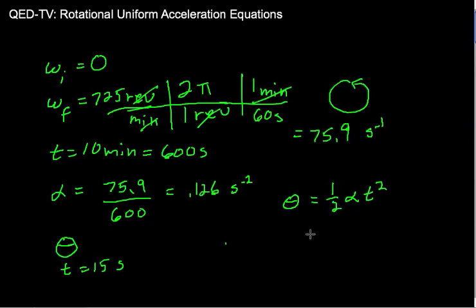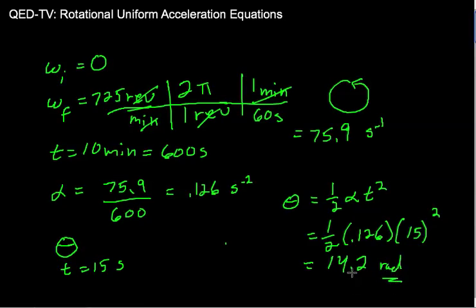So this is the equation I could use. I could do 1/2 times 0.126 times 15 squared, and I would get an angular displacement of about 14.2 radians.